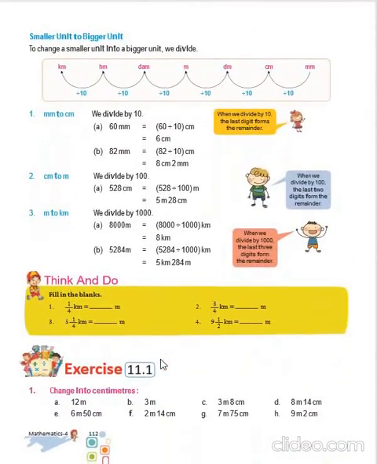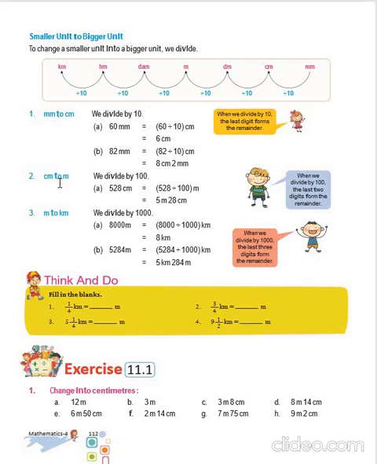Now this is the conversion from smaller unit to bigger unit. Millimeter to centimeter, we just have to divide by 10. 60 millimeters is equal to 60 divided by 10 centimeters. 82 millimeters is equal to 82 divided by 10 centimeters.